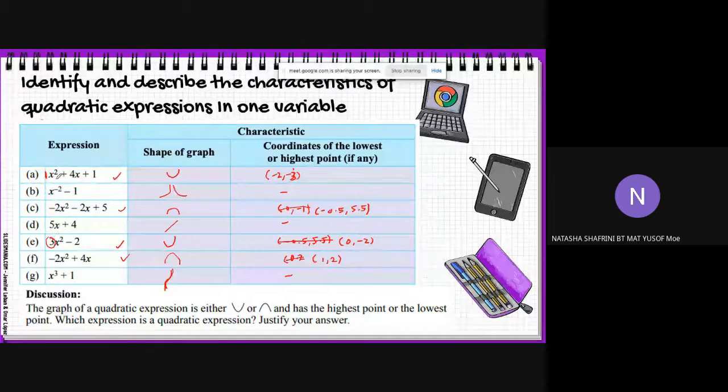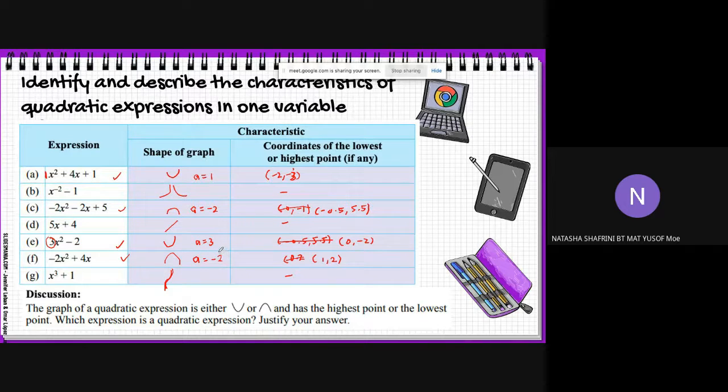Dia punya A sini is 3. The third graph, graph C, you punya A is -2. And the graph F, you ada your A is -2.